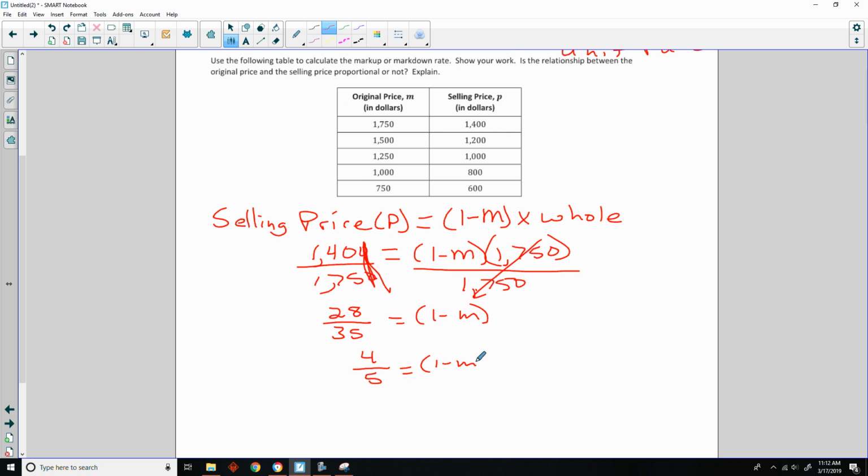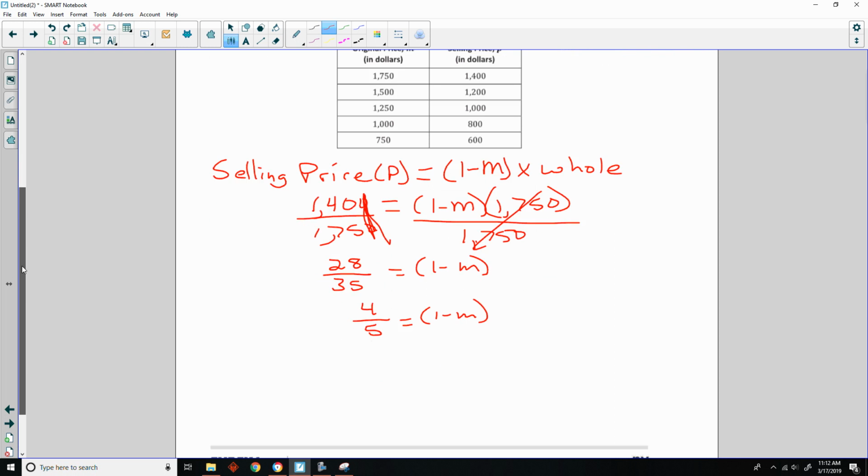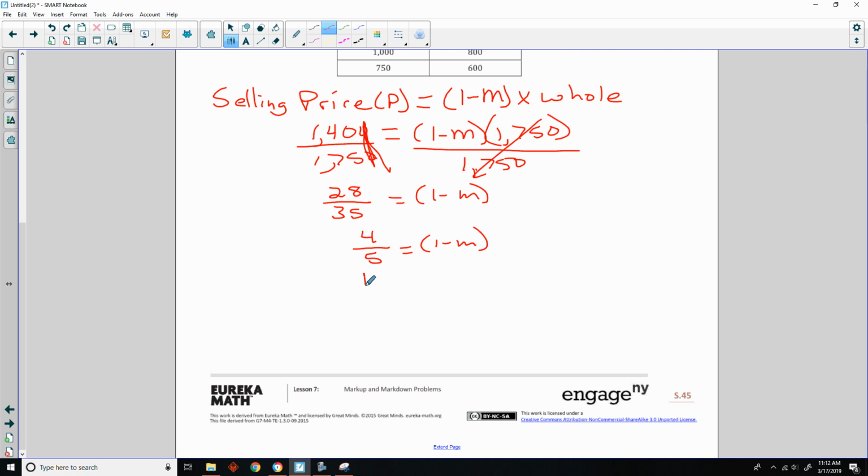And I have 1 minus M. Okay, so 4/5, well, if I doubled that now and said 8 over 10 equals 1 minus M, then that's 0.8 equals 1 minus M. So if I subtract 1 from both sides, I get 0.8 minus 1, which is a negative 0.2, equals negative M. Therefore, M equals 0.2.